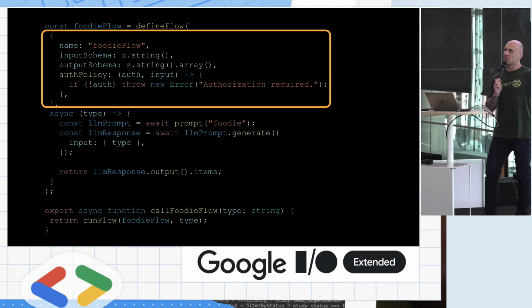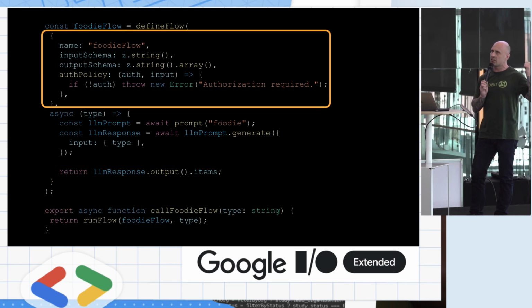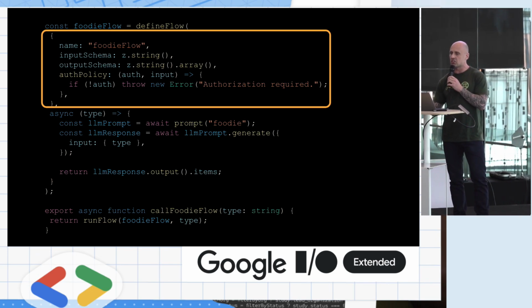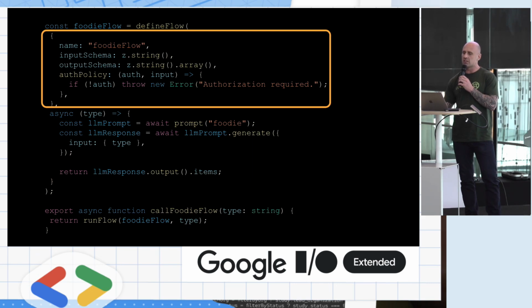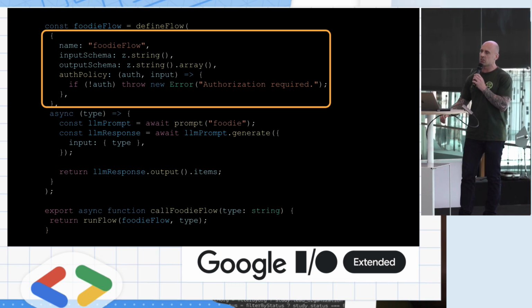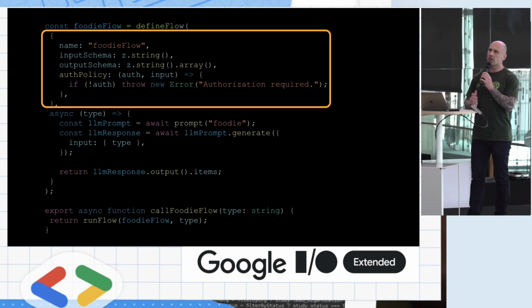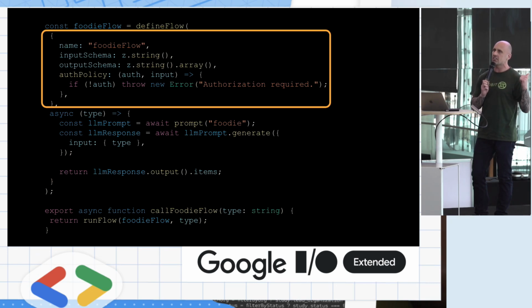In this case, Genkit is using the Zod library for doing validation of the schema. You can see it with the prefix of z.string or z.string.array to declare the schema that we're passing in. The auth policy allows us to set up the policies for accessing the flow.